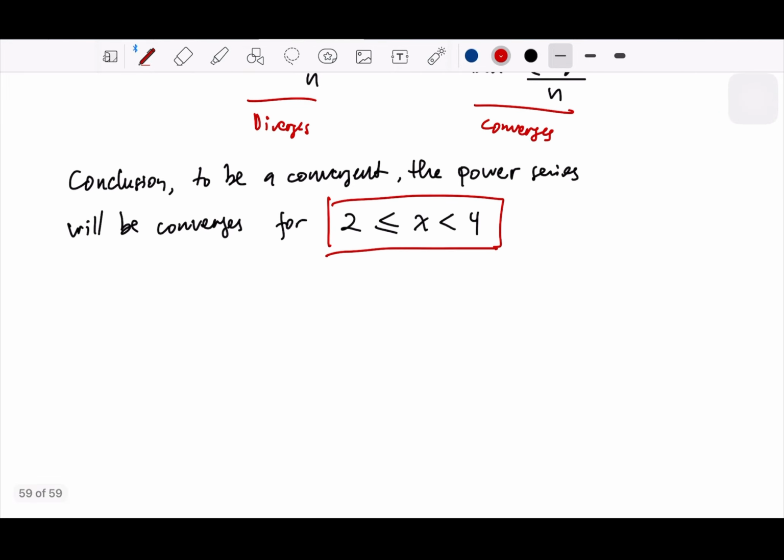Okay, this is one example. Another example, and from this example, we can have some conclusions later.